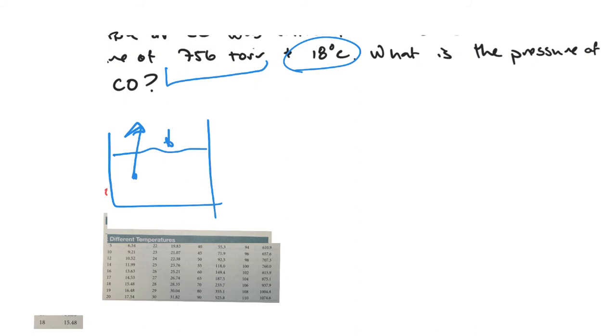So basically what I have to do here is just look up the vapor pressure. I have some amount of water in my container, and then I have a lot more CO, but I have to account for the water that's there. So P total is going to equal the pressure of the CO plus the pressure of the H2O, which is the vapor pressure.